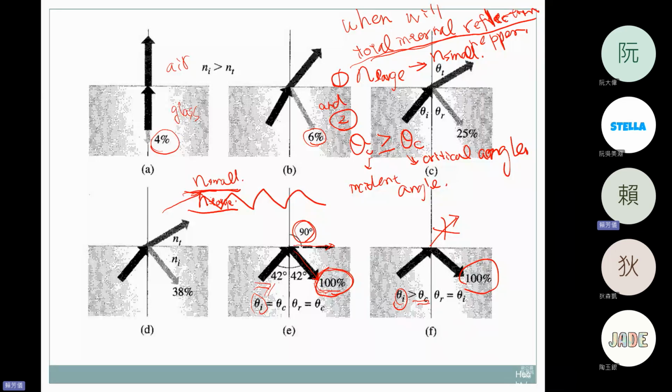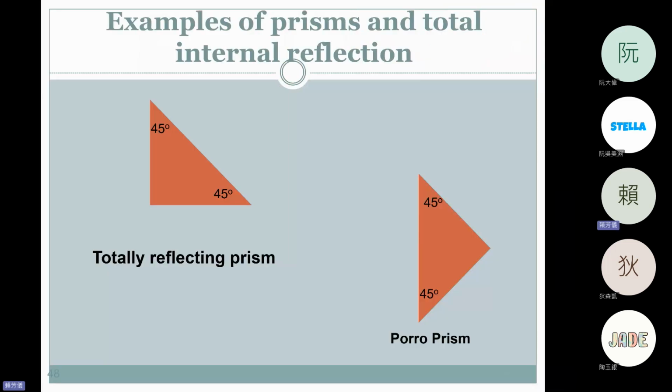Is this okay for you? Here are some examples of prisms and total internal reflection. When the light is incident on the surface of the prism, total reflection will happen.